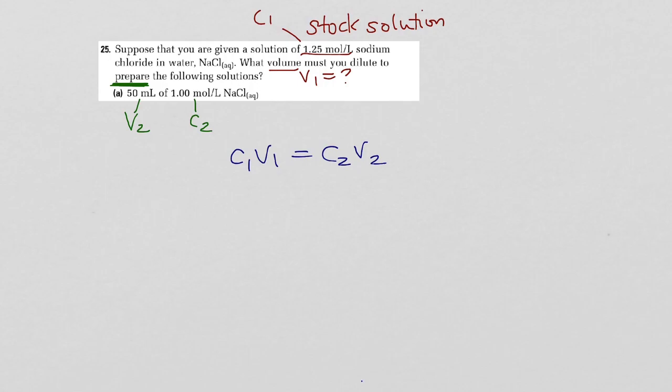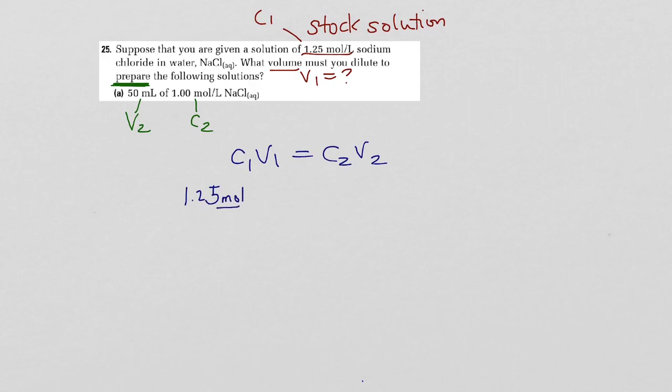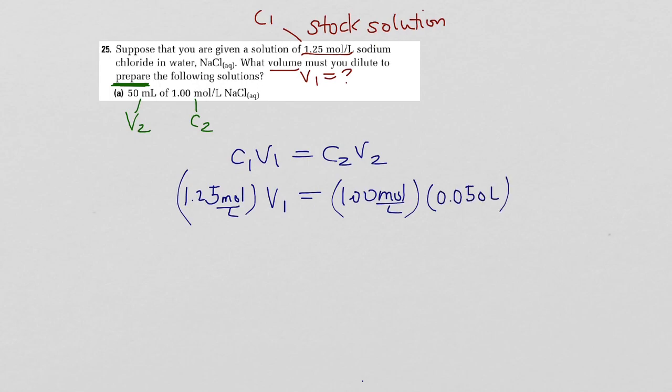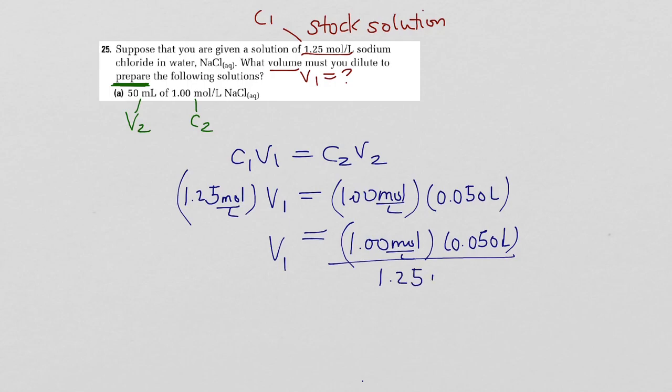So C1, 1.25 moles per liter, times V1 equals C2, 1 mole per liter, V2, 50 mils. Change it to liters. So then V1 is equal to 1 mole per liter times 0.05 liters divided by, move that over, that division, 1.25 moles per liter.